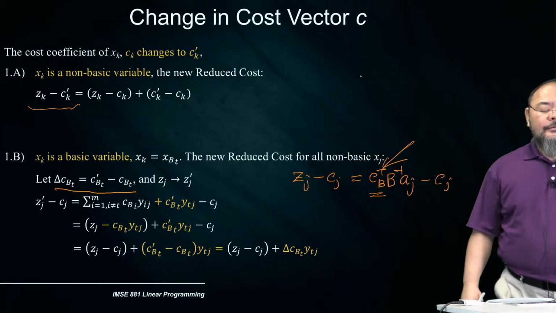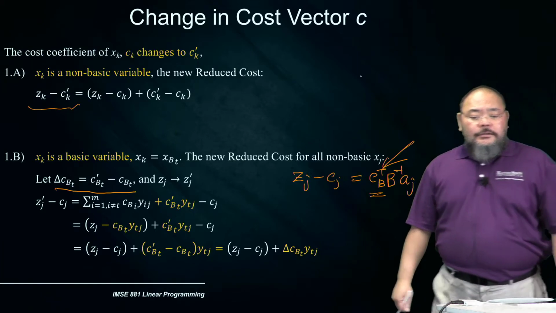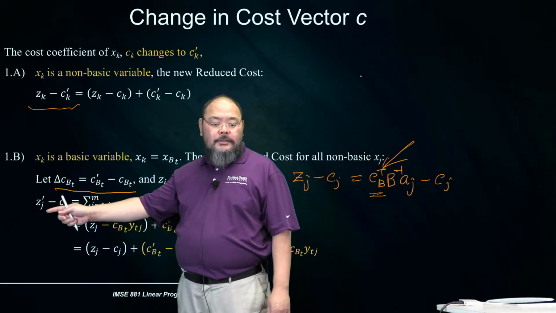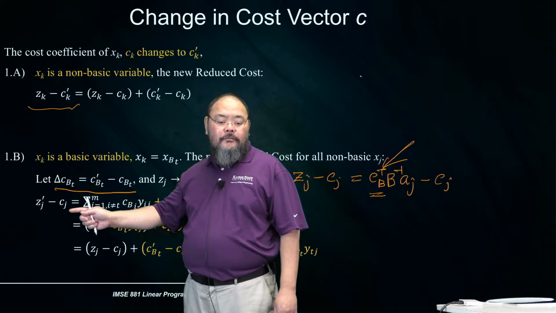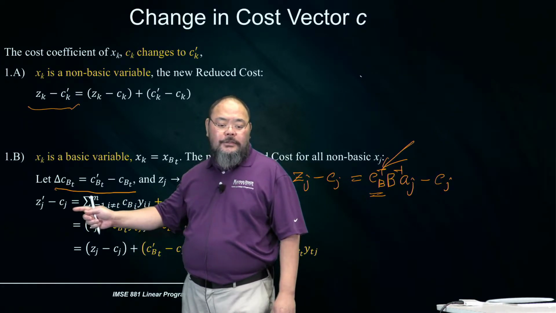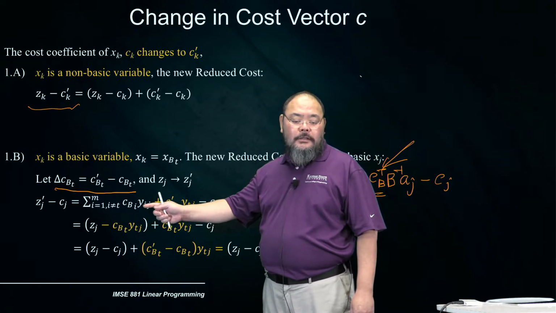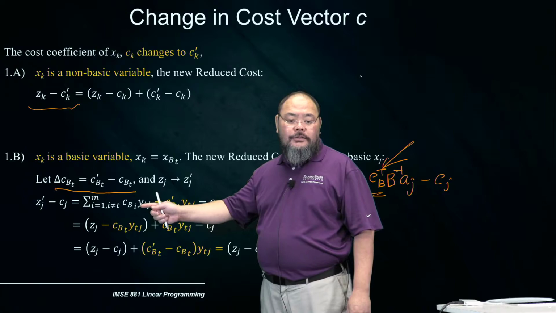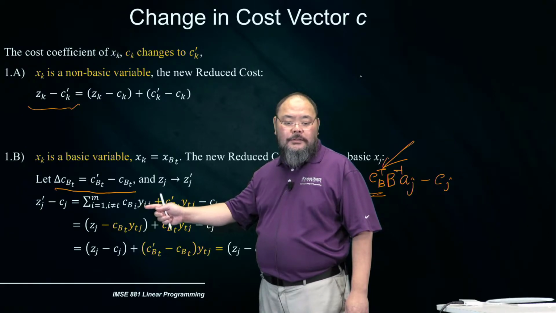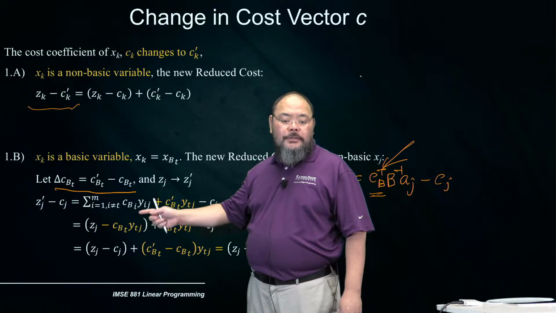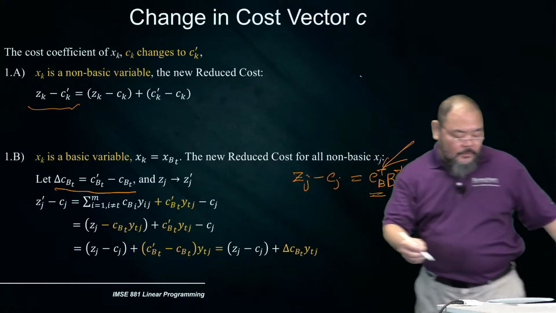So z prime changes, but c for the non-basic column is not changing. So we can calculate the new zj prime minus cj, which equals cB prime times Yj. And why is this?